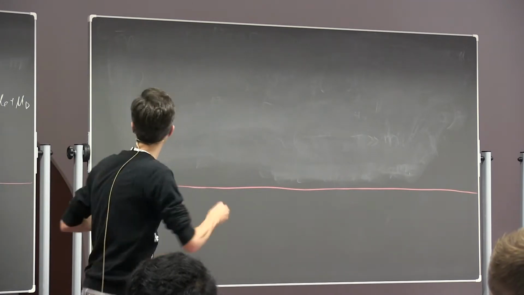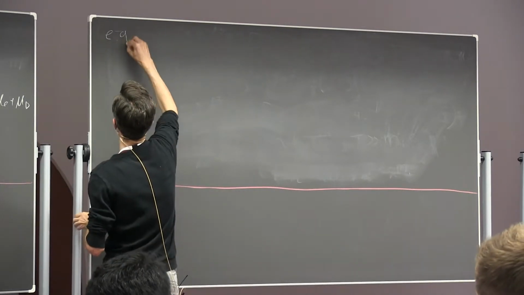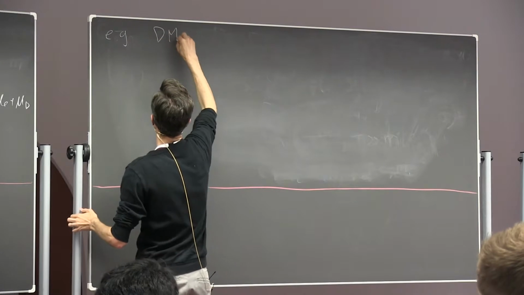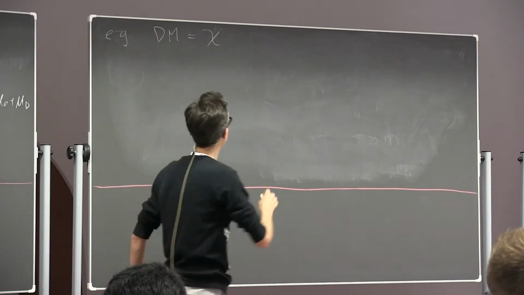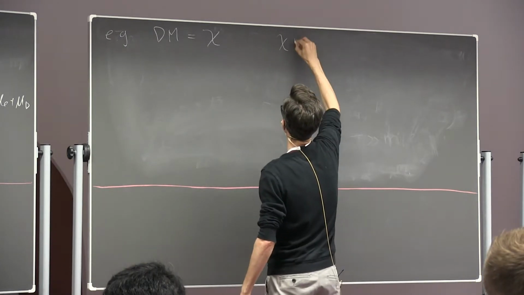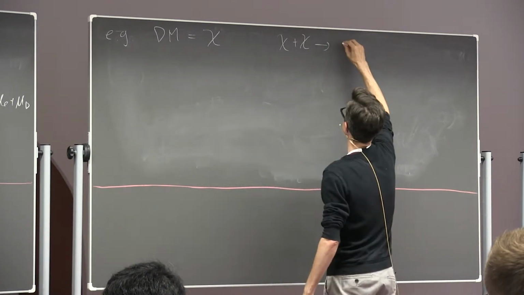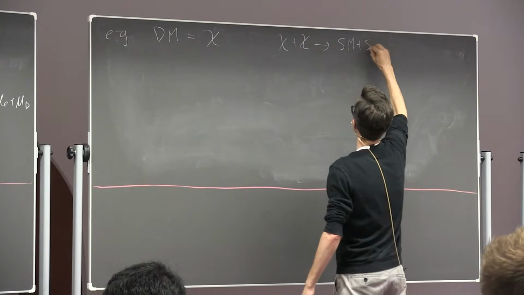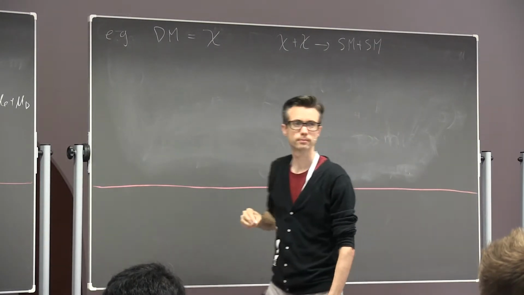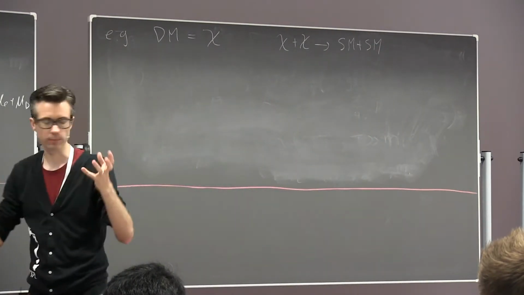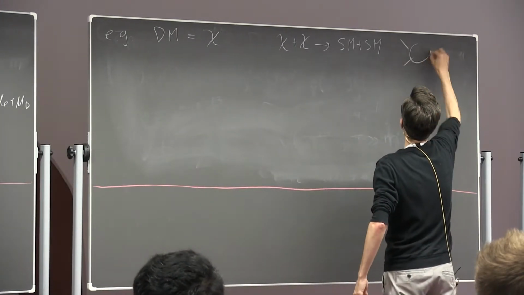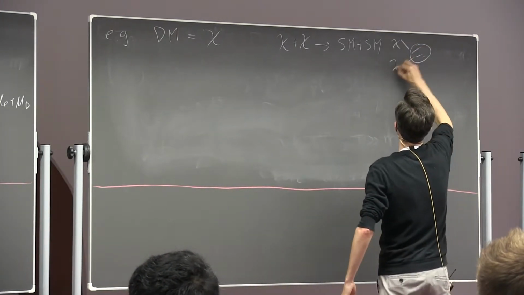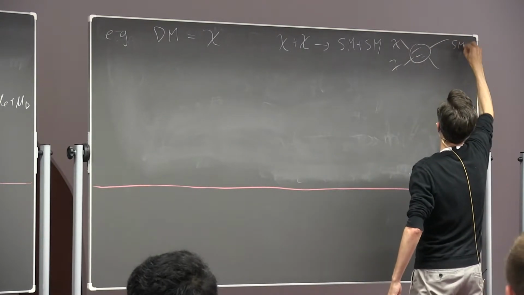So specifically, suppose I have a dark matter particle that I'm going to call chi, and suppose my reaction is chi plus chi goes to standard model plus standard model. So I just have some annihilation of dark matter.